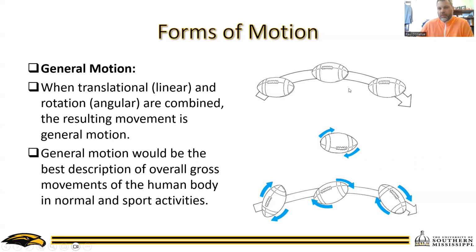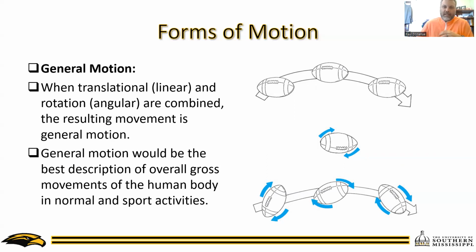So we're going to have some level of linear motion, curvilinear motion. But the ball itself is also rotating about an axis to spin and to have that spiral. So it has an angular component as well, which means it's got both an angular and a linear component to its movement. So we're going to call that general motion.